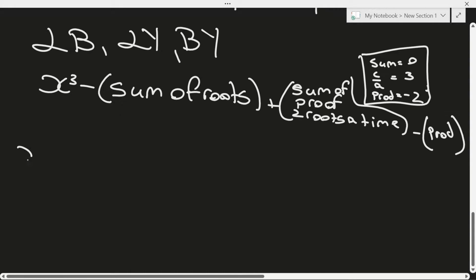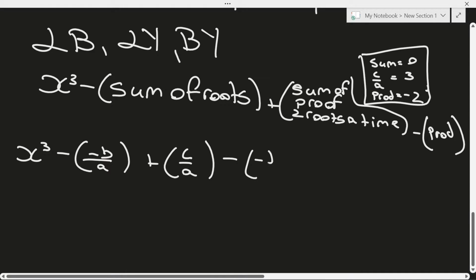In other words, this is equal to x cubed minus b over a plus c over a minus d over a, and that would be equal to 0. So this is the format that we always need to remember when we have questions like this.